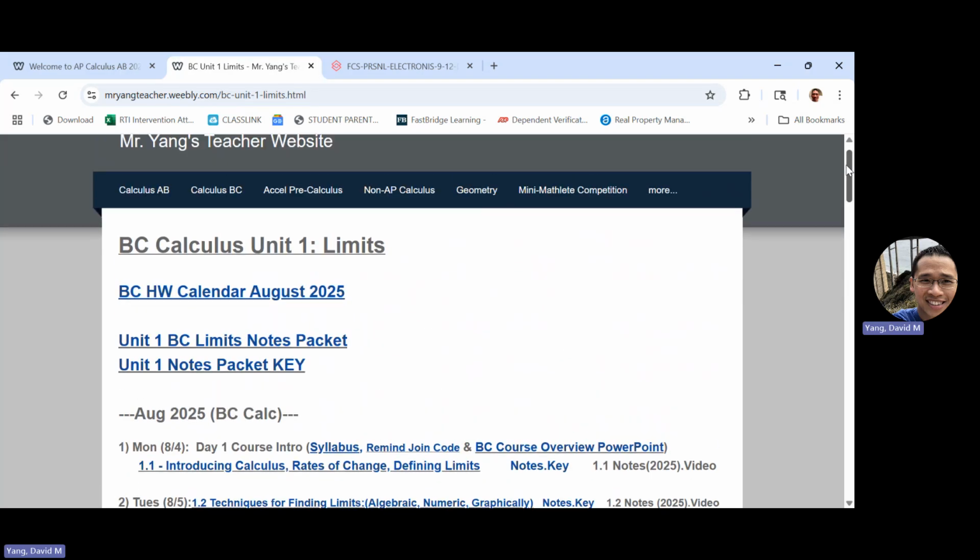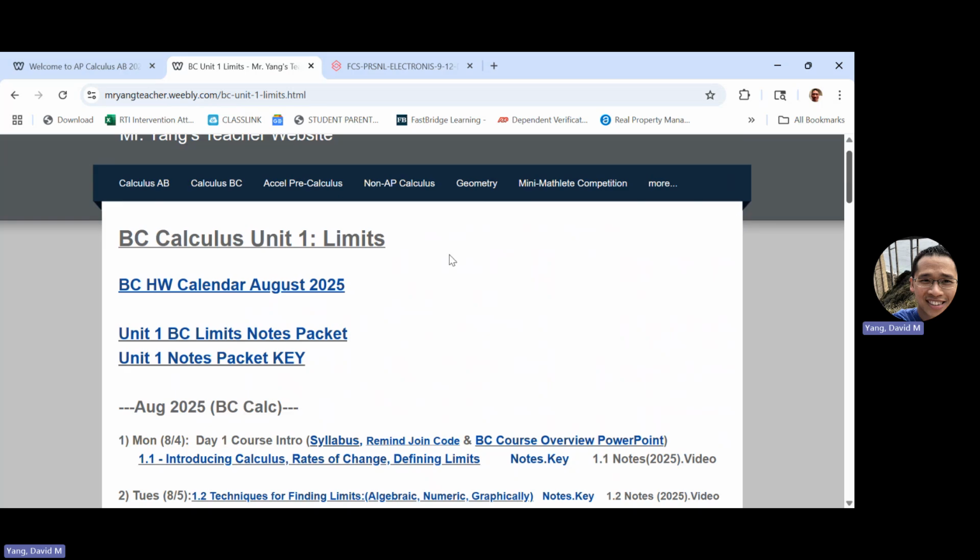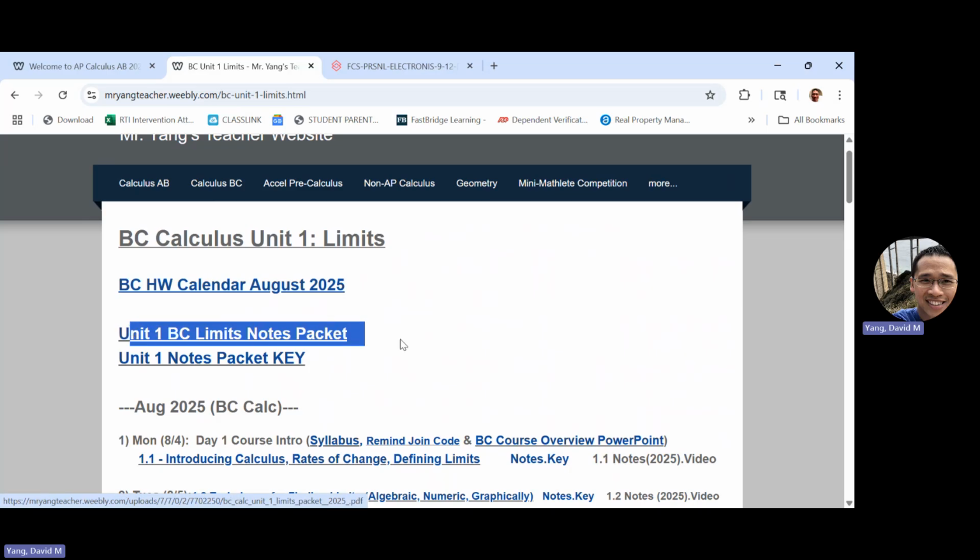I want to walk around and make sure that you can get to this Unit 1 limits page. There's a calendar on the back page of the front cover of your packet. This is the Unit 1 limits packet, and there's also a packet key. All the homework that I assign is going to be from the packet.